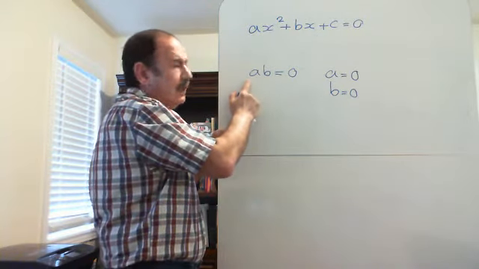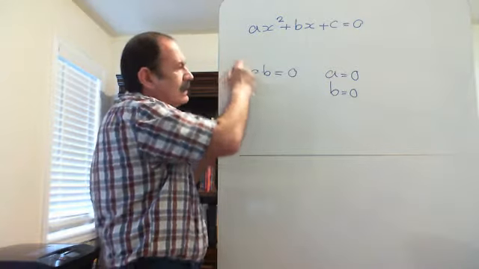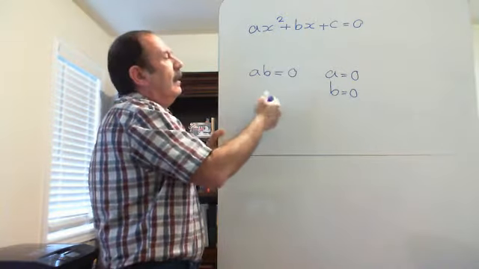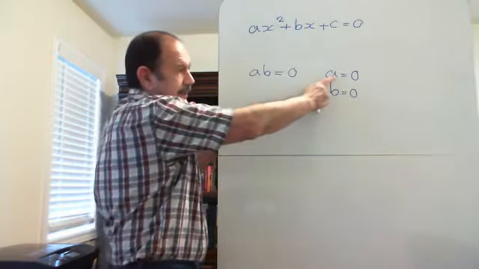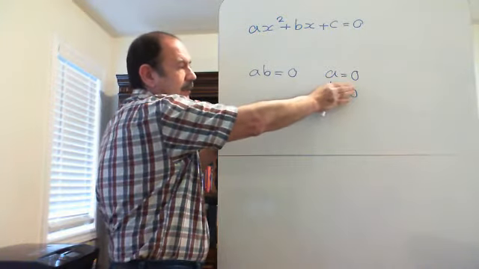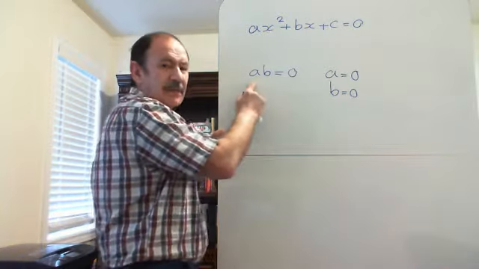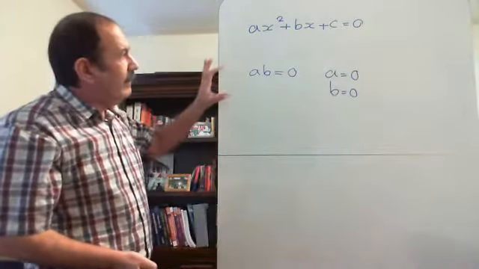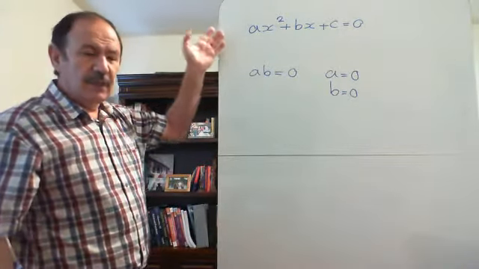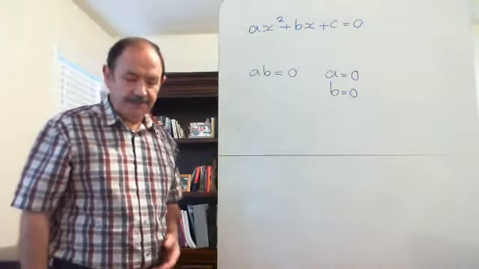If I change a to 0, then the result is going to be 0. So one possible answer is a equals 0, don't care about b. The other possible answer is b equals 0, we don't care about the value of a. We use this rule to solve the quadratic equation by factoring.